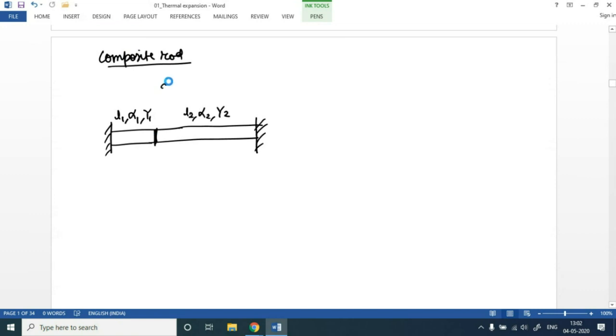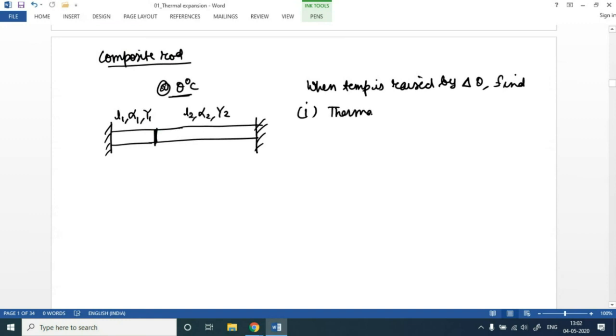So initially, at let's say theta degrees Celsius, this rod does not have any stress present inside it. So now my question is, when the temperature is raised by delta theta, let's find out, first, what would be the thermal stress in the whole rod.